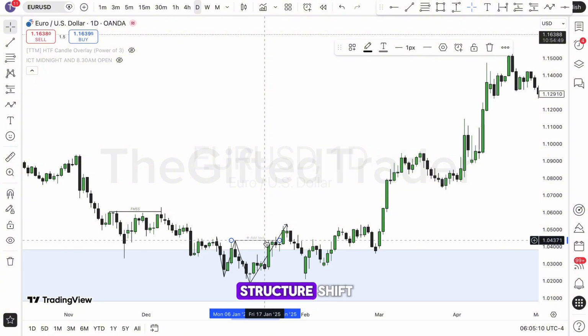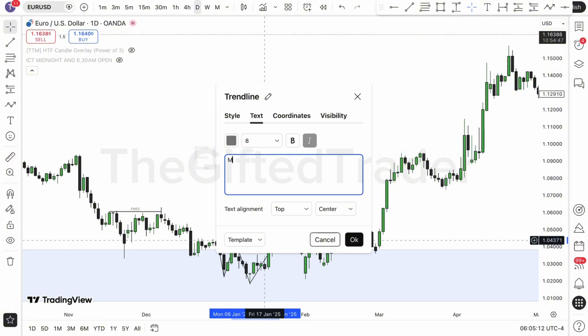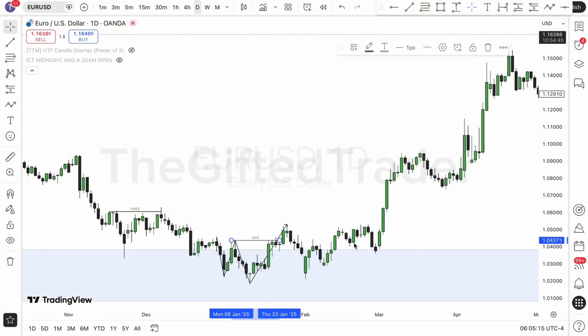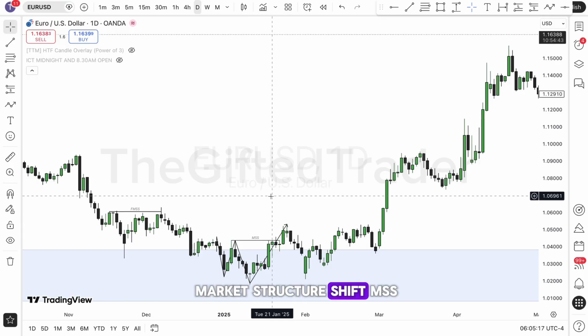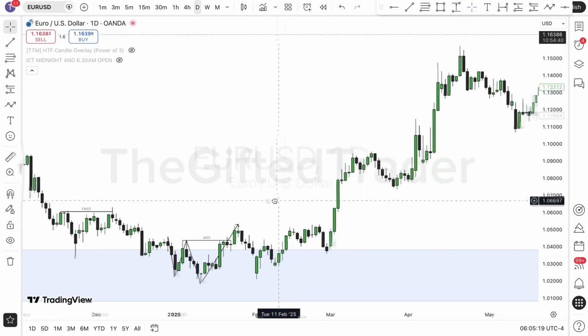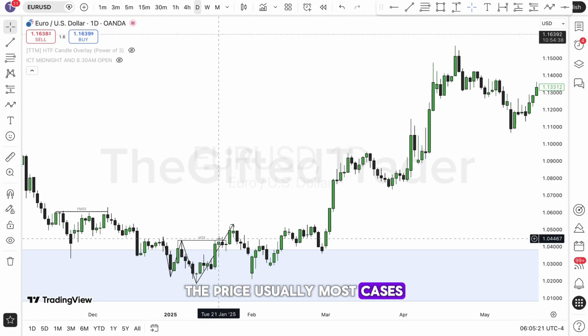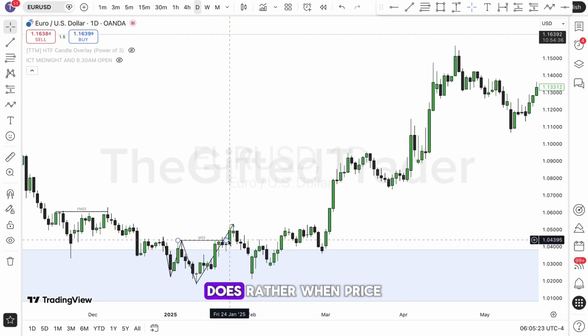Here is a market structure shift, MSS. In most cases, when price has completed a market structure shift, it retraces. Now, what is retracing? This is a retrace.